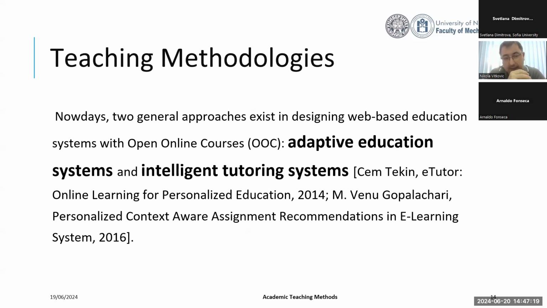Nowadays, we have a lot of different approaches to learning and to e-learning, and in general, all types of learning. But I excluded or highlighted two: adaptive education systems and intelligent tutoring systems.